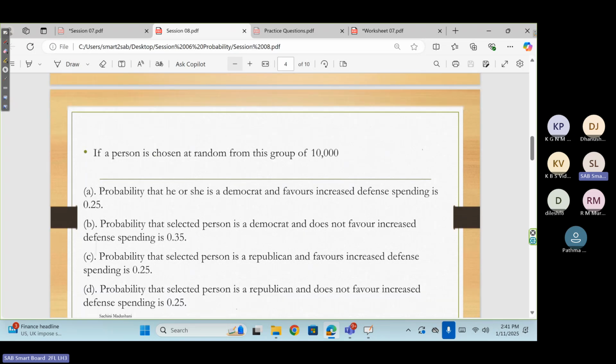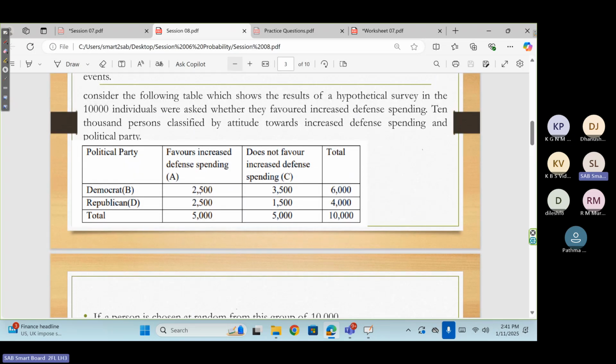Democrat and favors increased defense spending. And means intersection, the common part. Then how many? What is the joint? 2,500. 2,500 individuals are Democrat and favor increased defense spending.